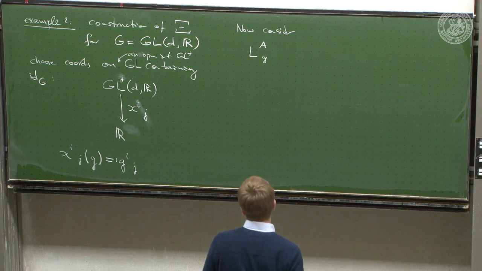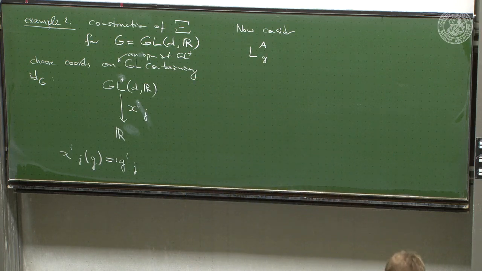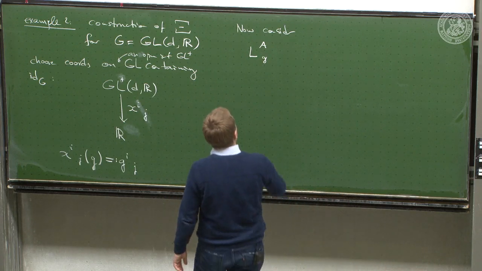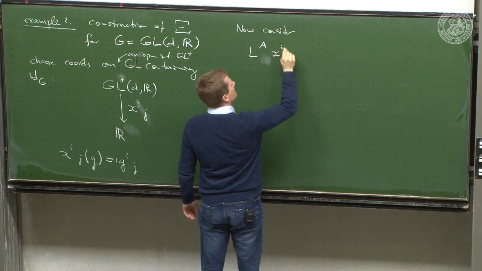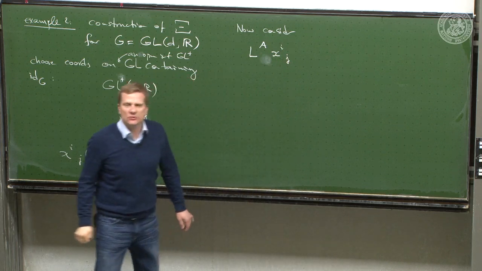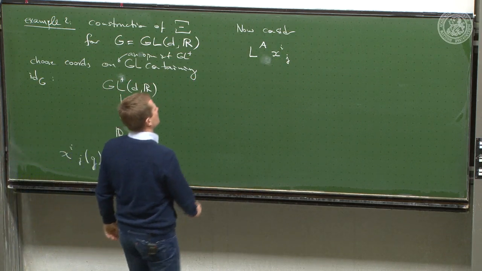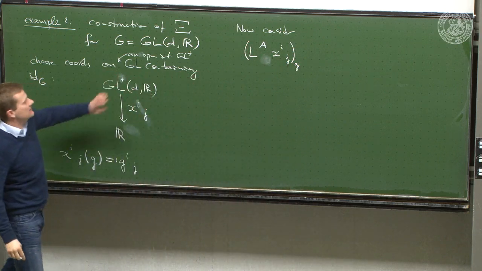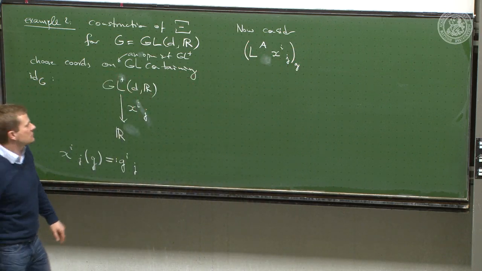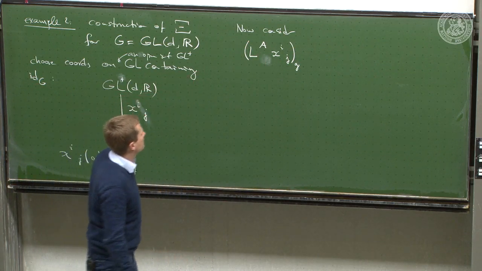So now let's consider such a left invariant vector field on this group. We know that it exists, and it can be applied to any function. In particular, it can be applied to the coordinate functions, because that's the business of vector fields: they act on functions. I let it act and evaluate at the point g, which still lies in the chart domain. We know this exists abstractly. Now we want to calculate it.